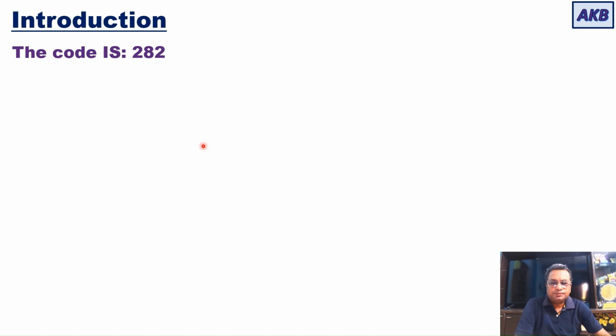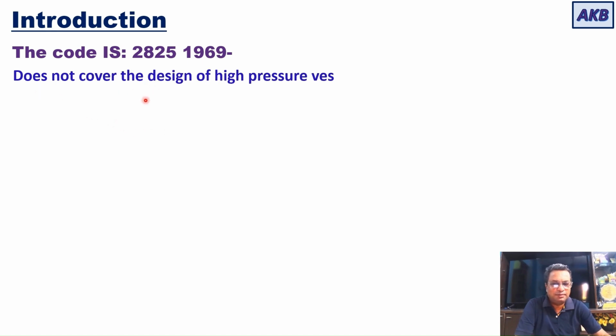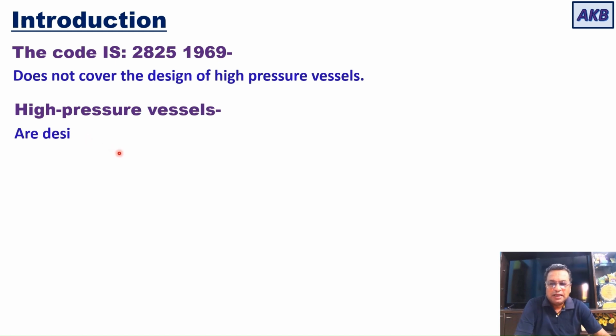Okay. Now, the code IS 2825-1969 does not cover the design of high pressure vessels. As I said, high pressure vessels are designed as thick walled vessels, whereas IS 2825-1969 is concerned with thin walled vessels.